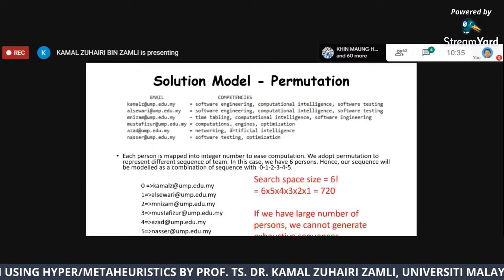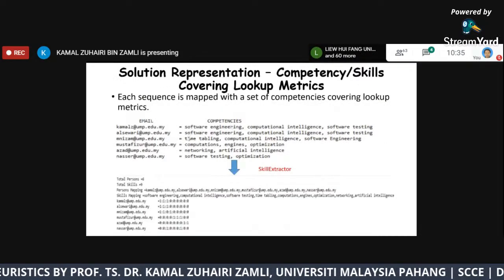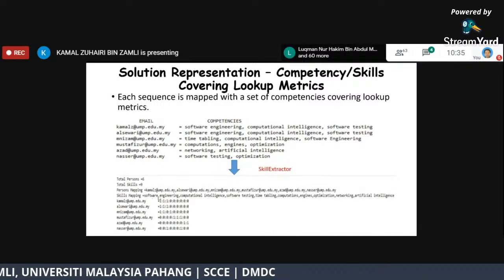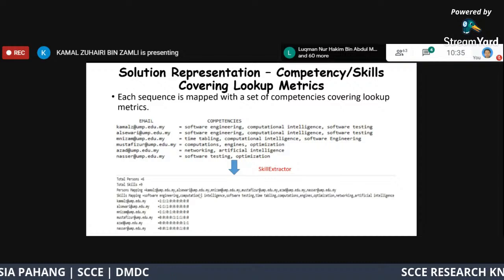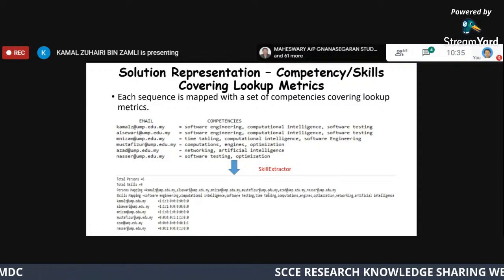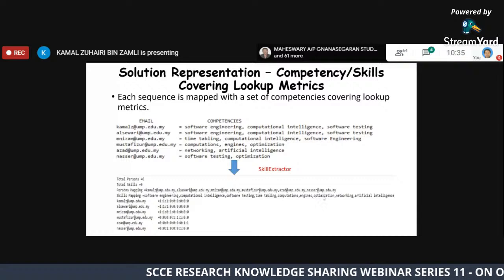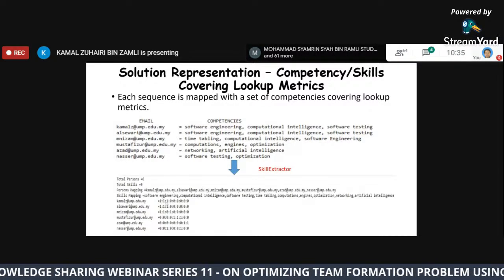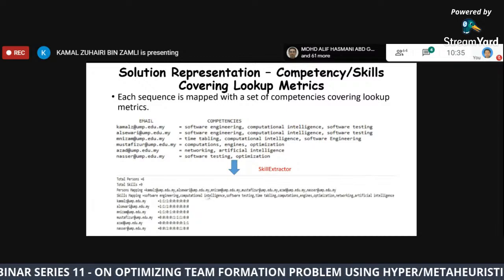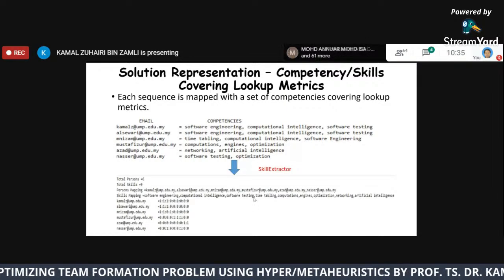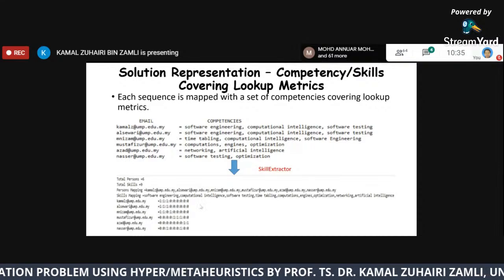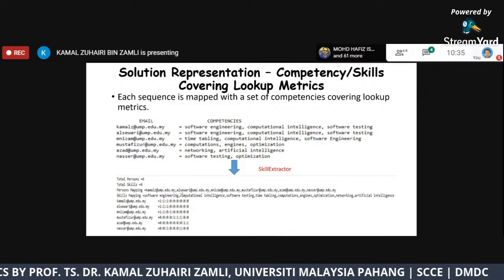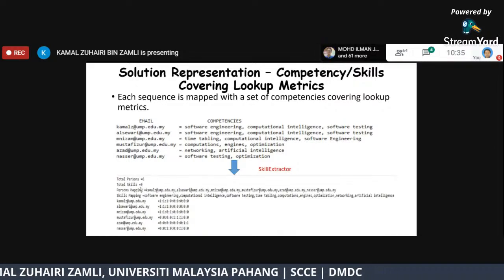The skill extractor is defining, for example, Kamal here, who has the skills of software engineering, computational intelligence, and software testing. But he doesn't have the skills of timetabling, computation, engine, network. That's why for the bits, these 3 bits are 1, and the rest are 0, because he doesn't have any of the other skills. You can say the person mapping is first Kamal, and then the sequence is like this. So we have 6 persons, 9 skills.